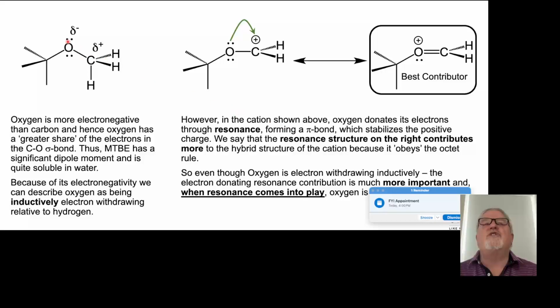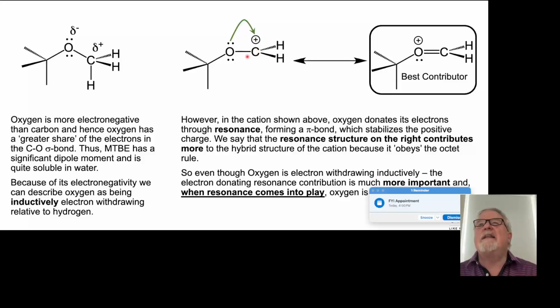So the oxygen inductive effect, its electronegativity, is very important here. Having said that, if we were to remove one of these hydrogen atoms with its pair of electrons, we would end up with a carbocation.